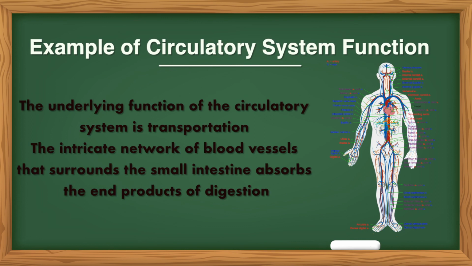The underlying function of the circulatory system is transportation. This basic function carries many different substances to and from different parts of the body. The intricate network of blood vessels that surrounds the small intestine absorbs the end products of digestion.